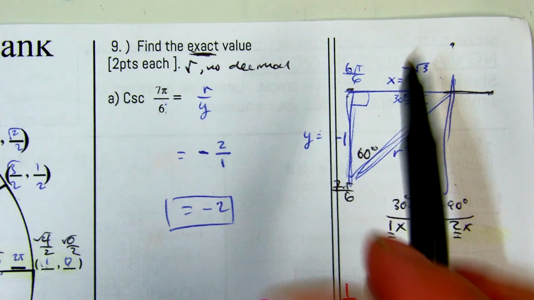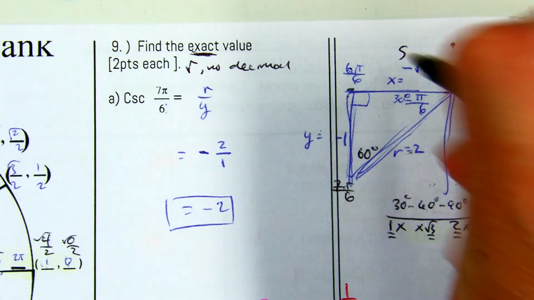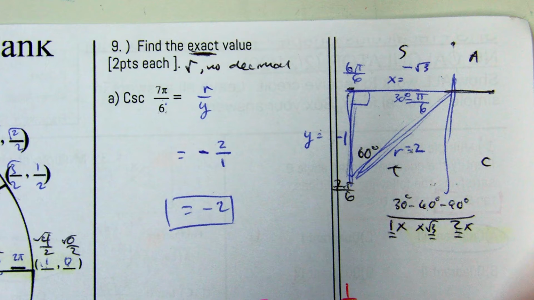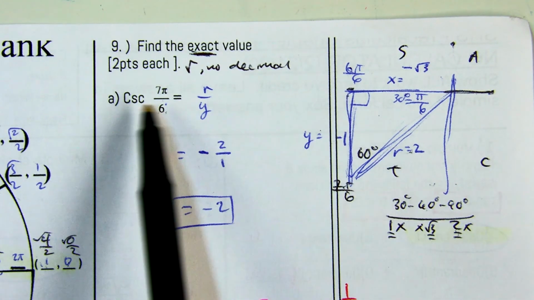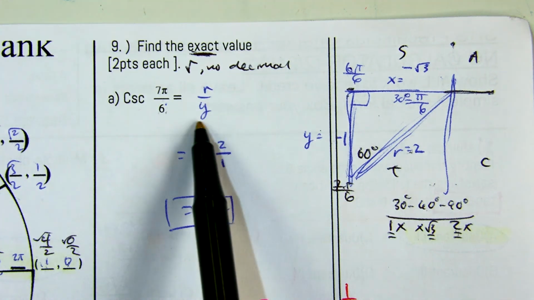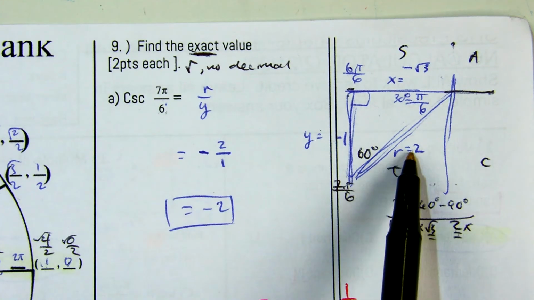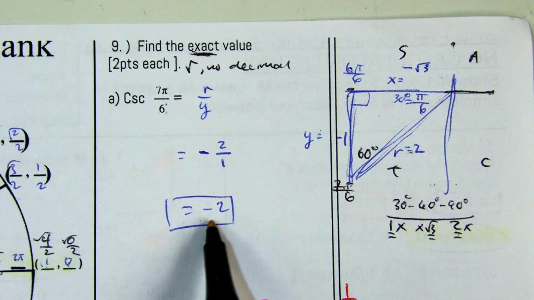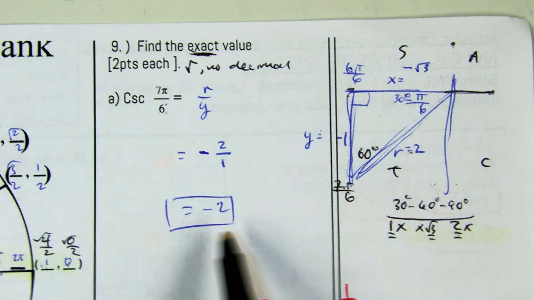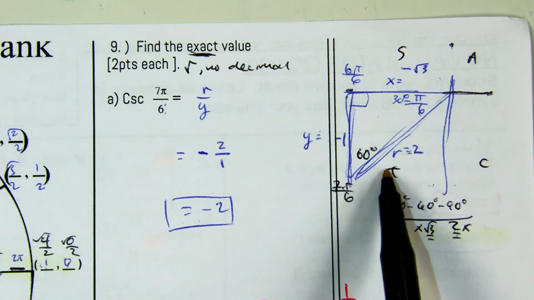Remember, all students take calculus. So cosecant is r over y. So you're going to have 2 over negative 1, and the answer is negative 2. Remember, because of all students take calculus, cosecant is negative here.